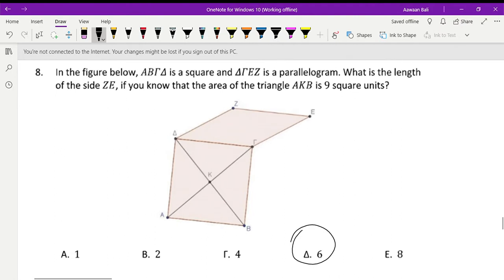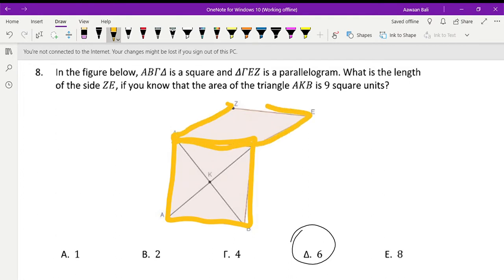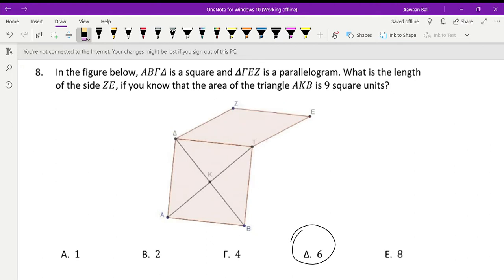Question number 8. In the figure below, alpha, beta, gamma, delta is a square, so it's basically saying this is a square, this is a parallelogram, and it's asking the length of this side if you know that this side is 9, and that the area of this is 9.